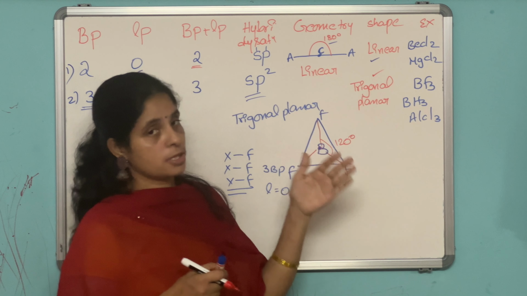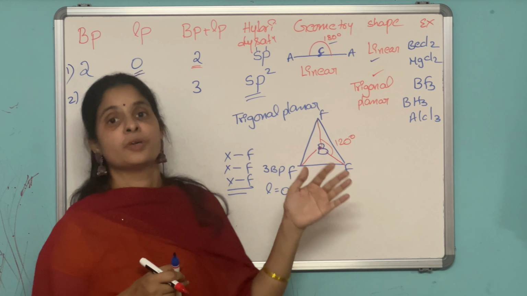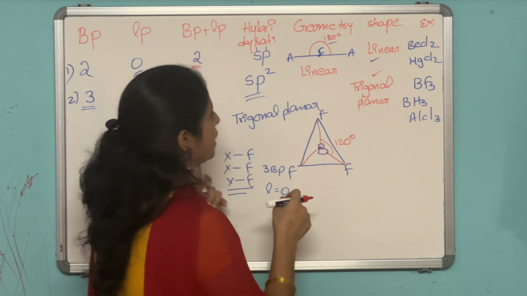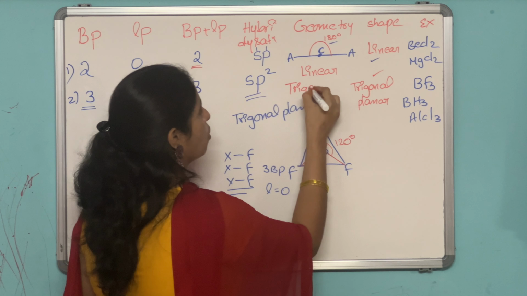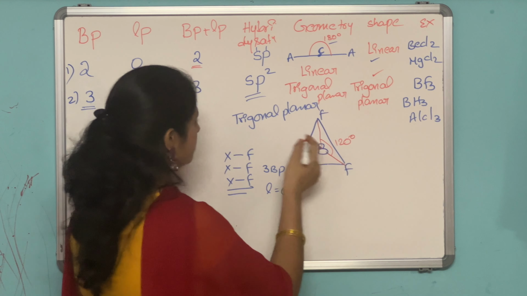Based on the shape you can predict the bond angle also. So it is trigonal planar in shape, and the geometry is also trigonal planar.